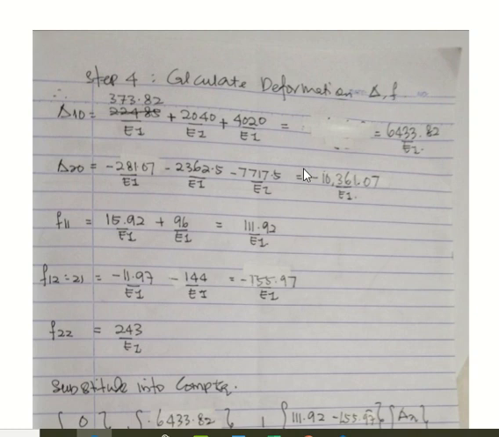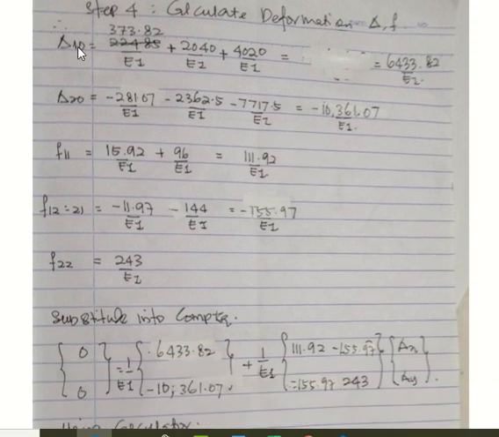So you press your calculator, then you can determine the values delta 10, delta 20, F11, F12, F21 and F22. Delta 10 means to calculate the integration of M0 multiplied by M1. Delta 20 means the integration of M2 multiplied by M0.